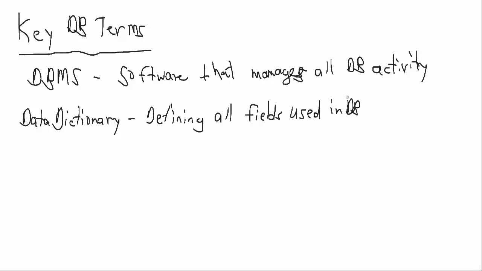Now for some of the simple databases we're going to build, a data dictionary isn't all that important, but when you think about large databases running giant enterprise systems that have thousands of tables and even more thousands of fields to keep track of, it can become unwieldy in a hurry.